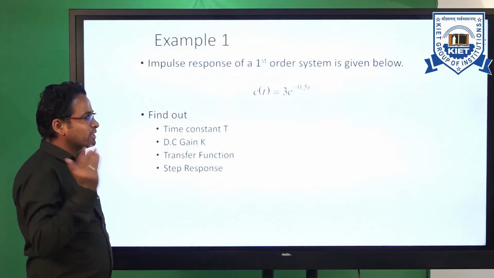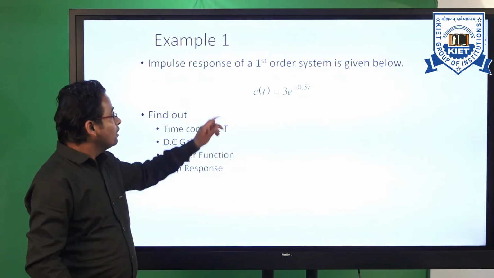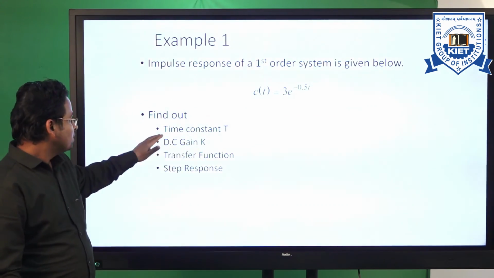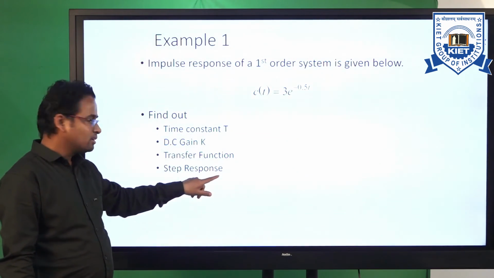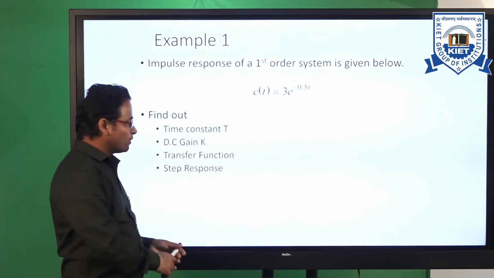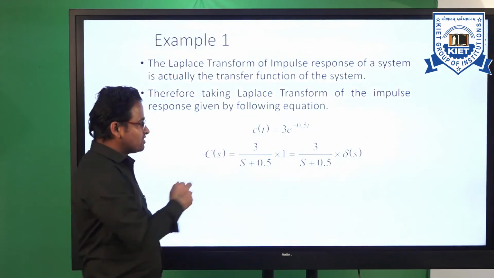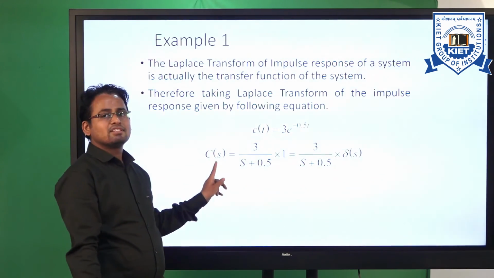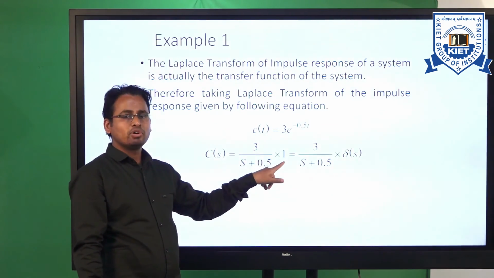Now in this particular example, we have to calculate, that is the c(t), and find out the time constant, DC gain, transfer function, and step response. Clear? Now if c(t) is this one, then C(s), that is the first order control system's output, is the input multiplied by 1.